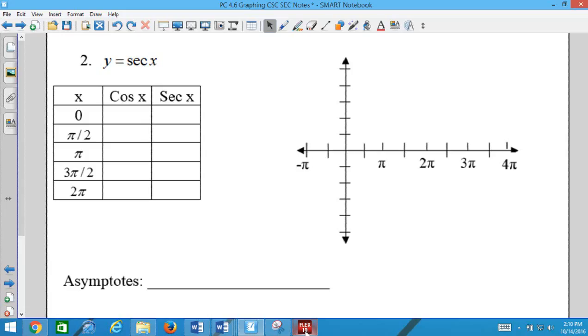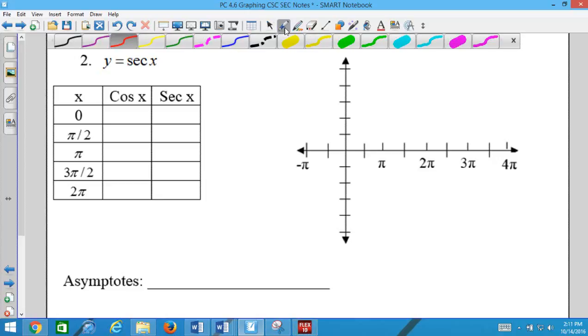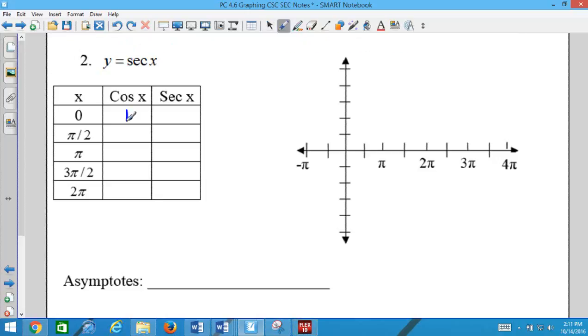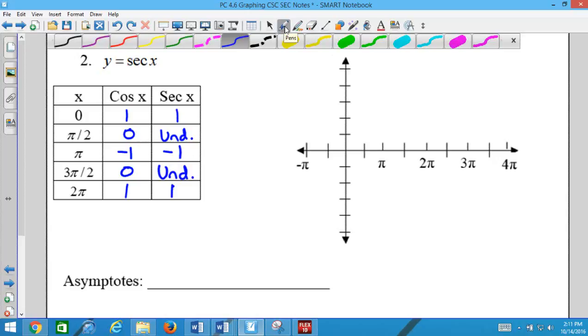Okay, next is secant. Go ahead and start with cosine. Cosine starts at 1 for our key points. And then we're going to go ahead and reciprocate those. 0 is undefined. That means we have some asymptotes.